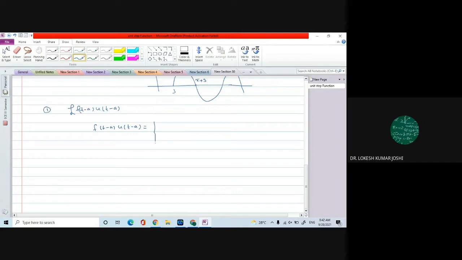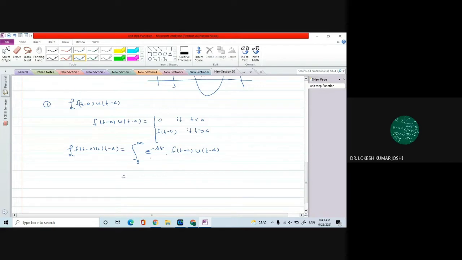It will become 0 if t is less than a, and its value will become f(t minus a) if t is greater than a. Therefore, the Laplace of f(t minus a) u(t minus a) will become the integral from 0 to infinity of e to the power minus st into the given function. The given function is f(t minus a) u(t minus a).